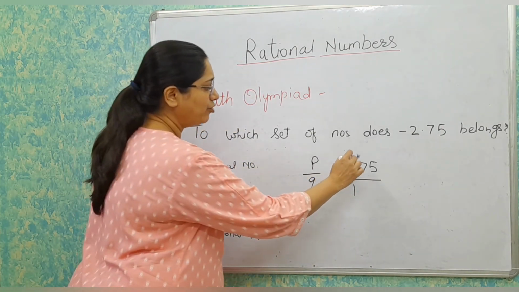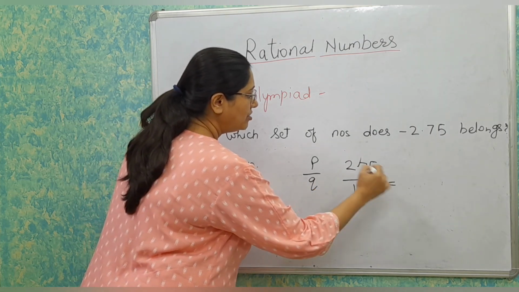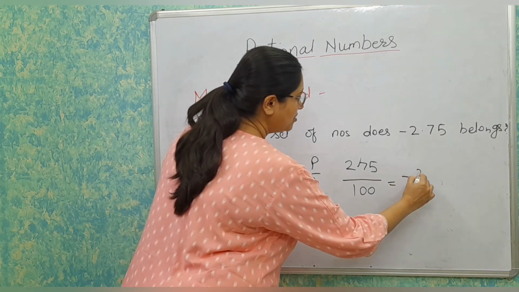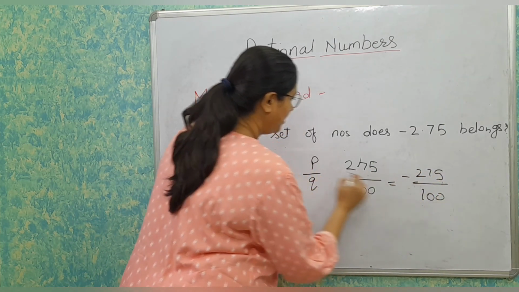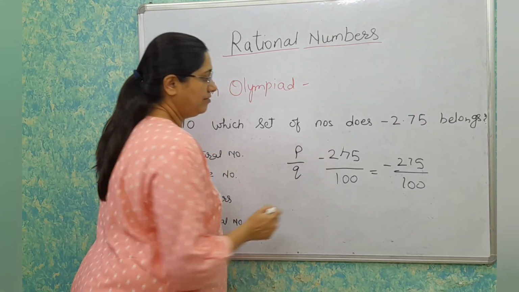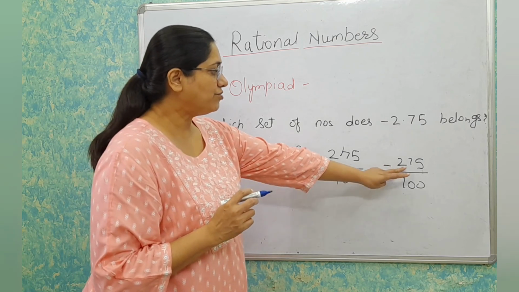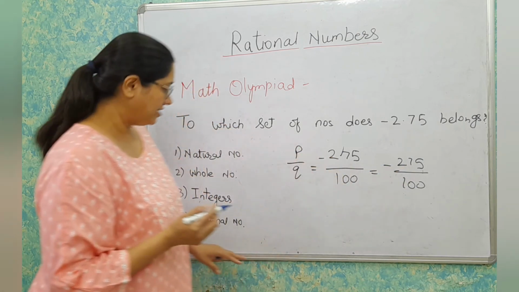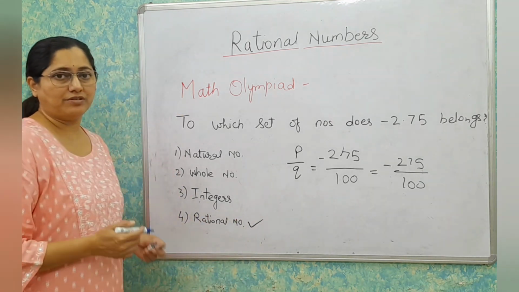Now I can remove this decimal and put 2 zeros, and now this number will become minus 275 divided by 100. There is a negative sign. So in this way, minus 275 upon 100 is a rational number. So rational number is the correct option.